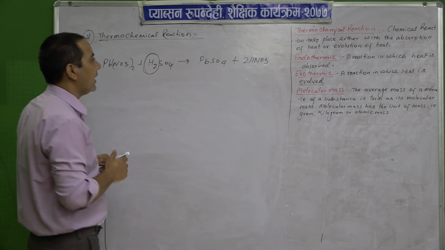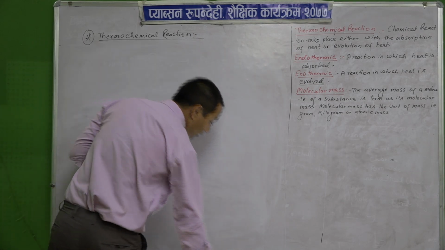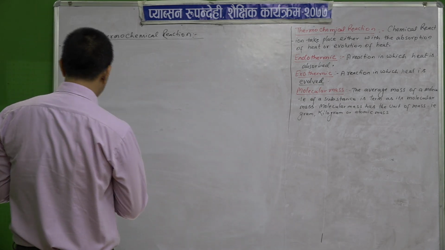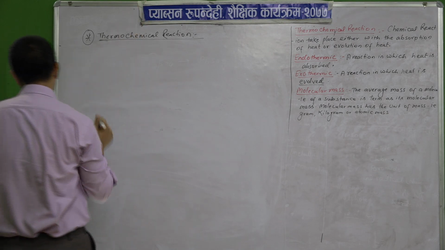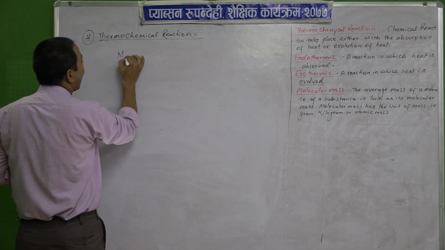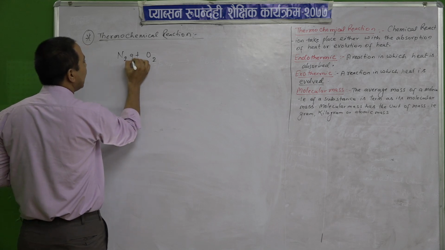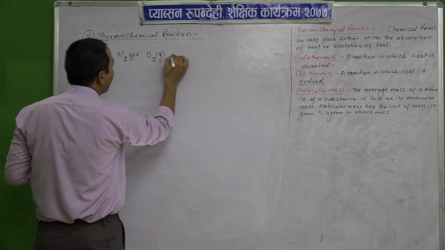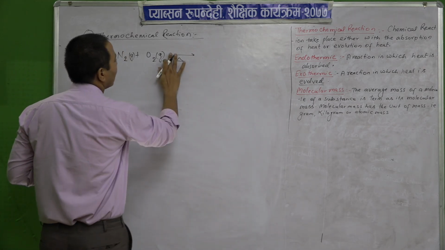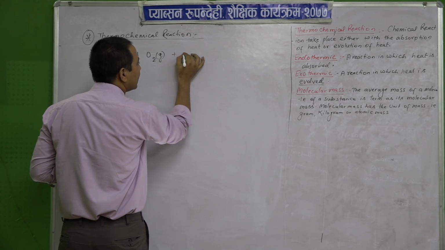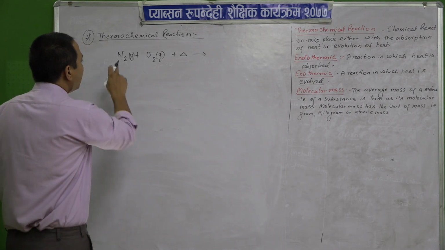Now, let us take some examples of endothermic chemical reactions. I think you also practice on the endothermic chemical reactions. Let us take one example: nitrogen plus oxygen, both are gases. So, nitrogen and oxygen react with the help of heat. We will write here plus heat, then what will it produce?